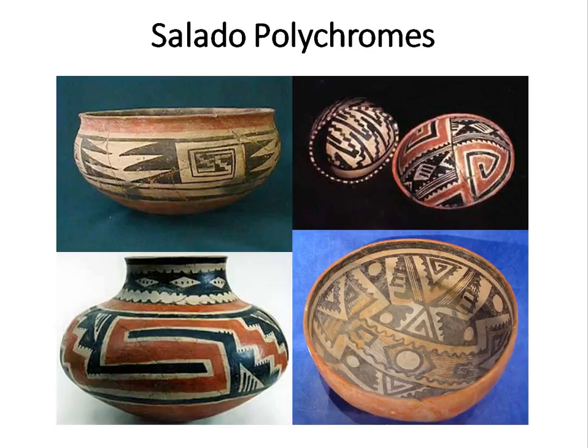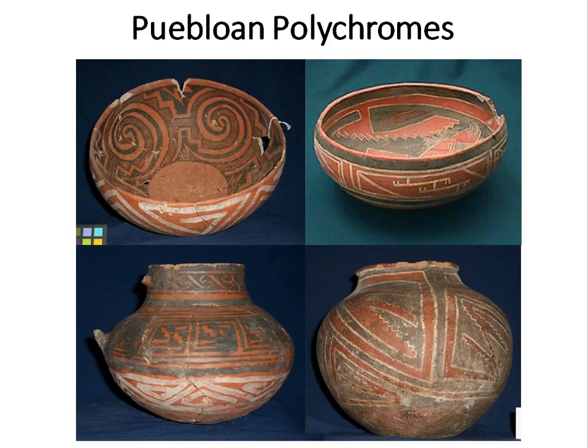These decorative designs are very similar to decorative designs found on pots produced in the northern part of the state. These polychrome pots from northern Arizona show the similarities with the Salado polychromes found in the Hohokam area.